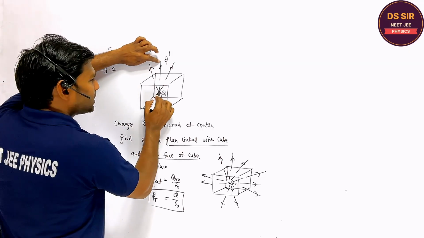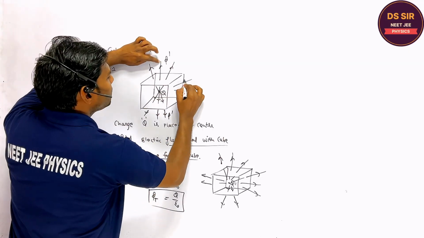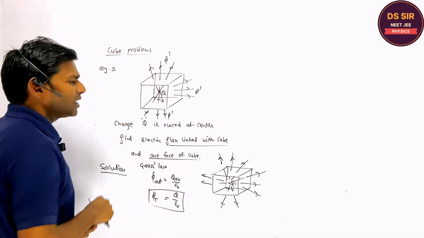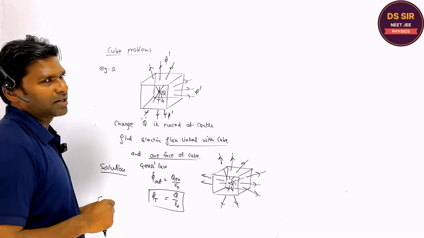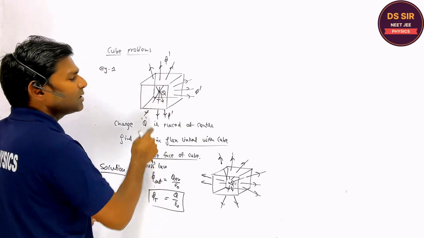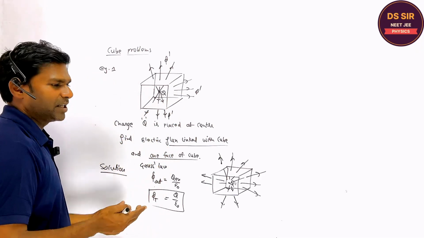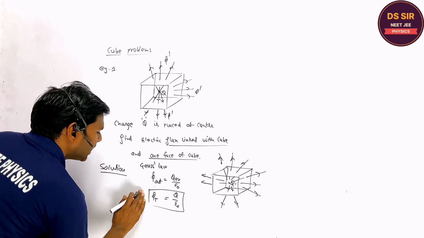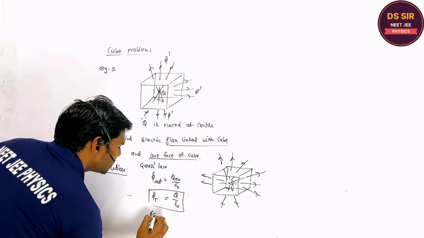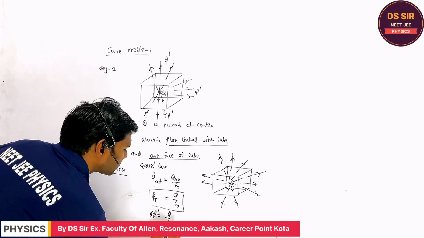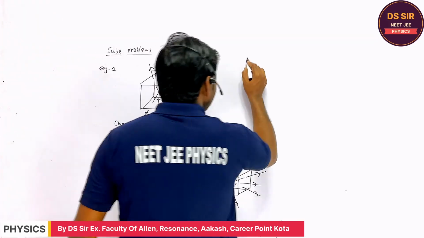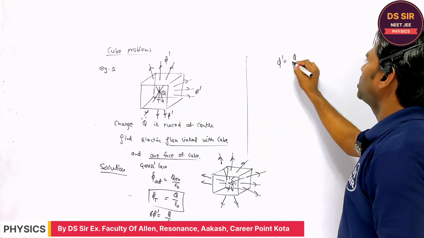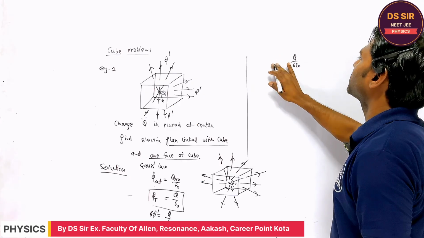How many faces are there? Six faces, and therefore phi dash plus phi dash plus phi dash plus phi dash plus phi dash plus phi dash, that is the total flux, is 6 phi dash. So 6 phi dash is nothing but Q upon epsilon naught, or you can say the flux linked with one face, phi dash, is equal to Q upon 6 epsilon naught.